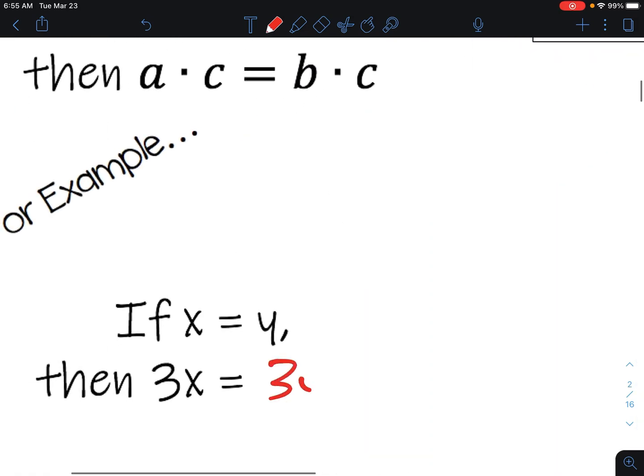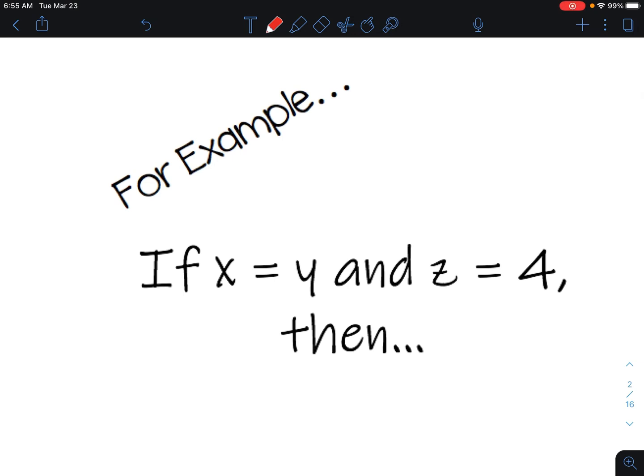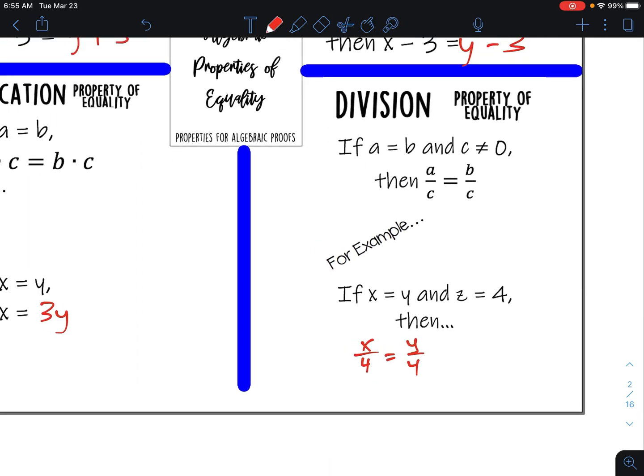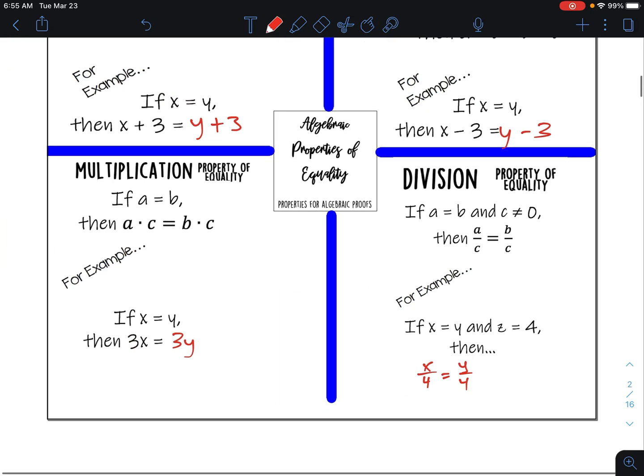If we had to multiply a number to both sides, multiplying by 3 to both sides, call it the multiplication property of equality. And the division property, it's saying if z equals 4, then x over 4 is equal to y over 4. We're dividing a number to both sides. So those are things that we're going to be really good at. And then we just say, oh, we added, so we're going to call it the addition property of equality, or multiplication, division, whatever. Okay?